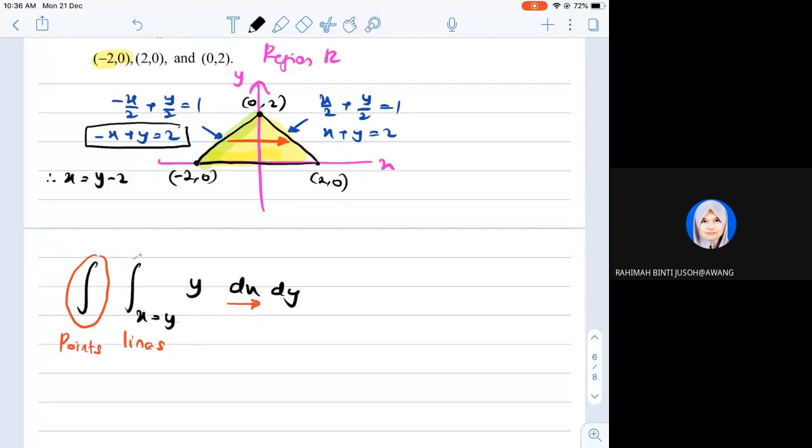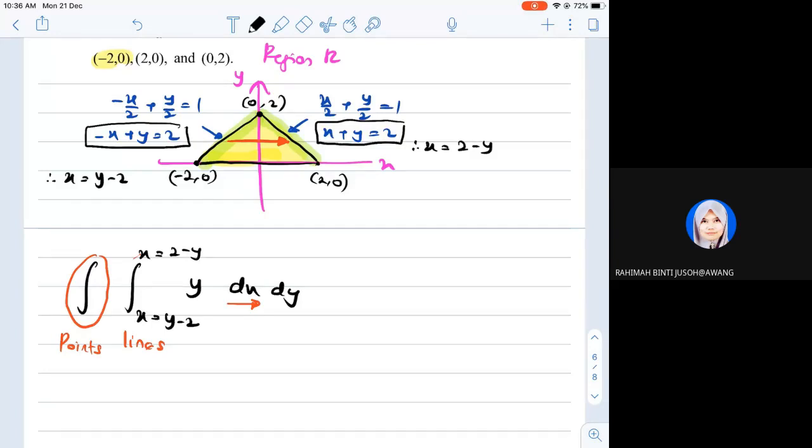So y minus 2 is the left line. Okay, and the right line should be here. So from this equation, we have x equals to 2 minus y. So the limit should be x equals to 2 minus y.